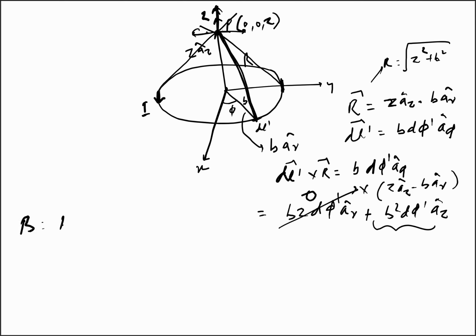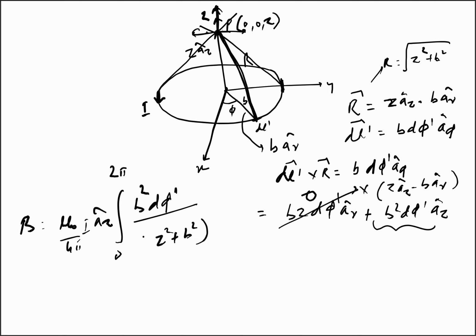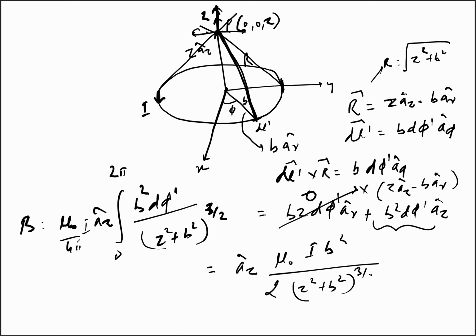So B is equal to μ0 upon 4π I, φ varying from 0 to 2π, of b squared dφ' in the direction of az over (z squared plus b squared) to the power 3 by 2. So it will be equal to az μ0 I b squared over 2 (z squared plus b squared) to the power 3 by 2.